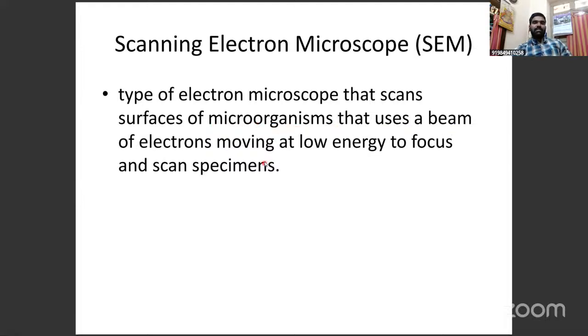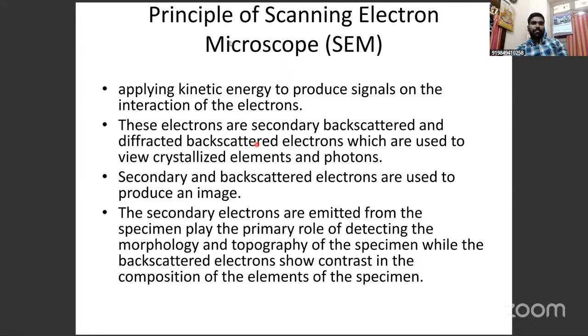It uses a beam of electrons moving at low energy to focus and scan specimens. These also use electron beams, but the electrons moving at low energy focus and scan the specimen.